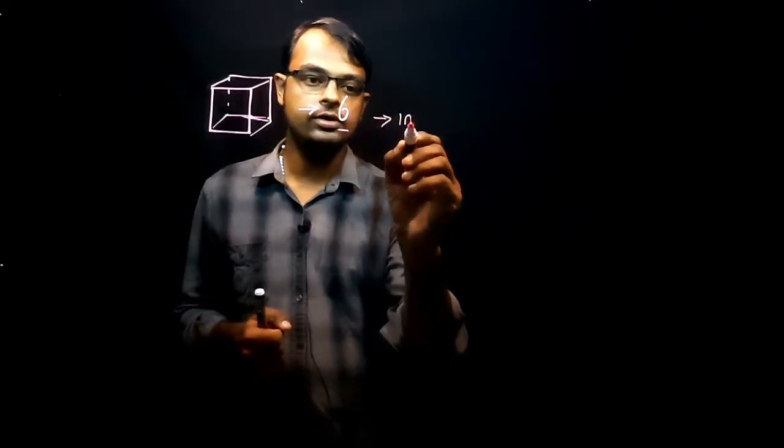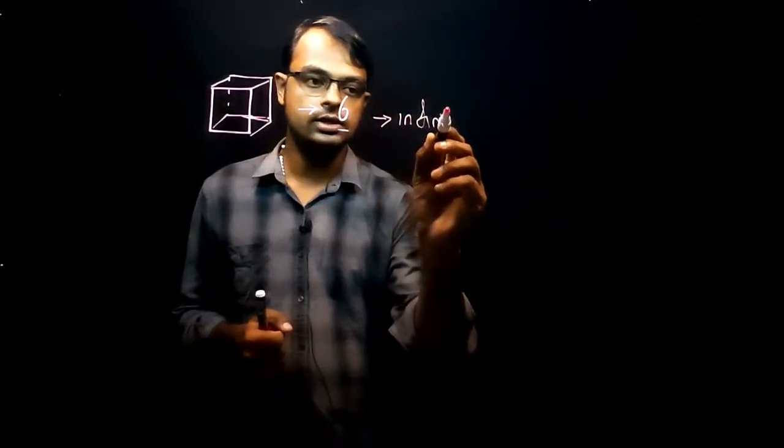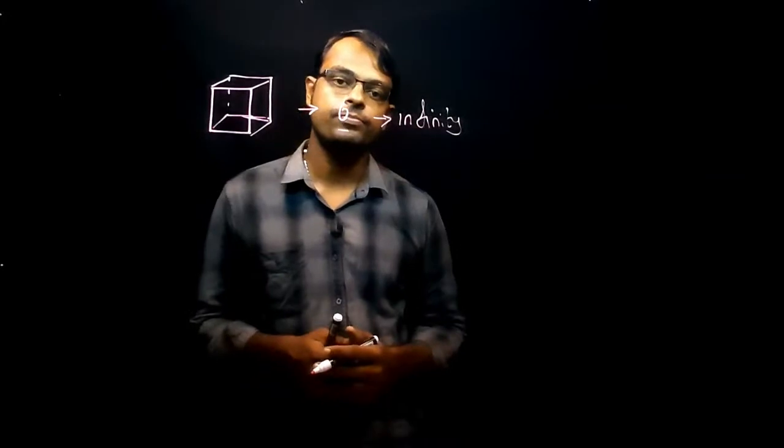No doubt, the number of sides in a cube is equal to 6. If you are not measuring with an instrument here, the number of significant figures in this case you can say is infinity.